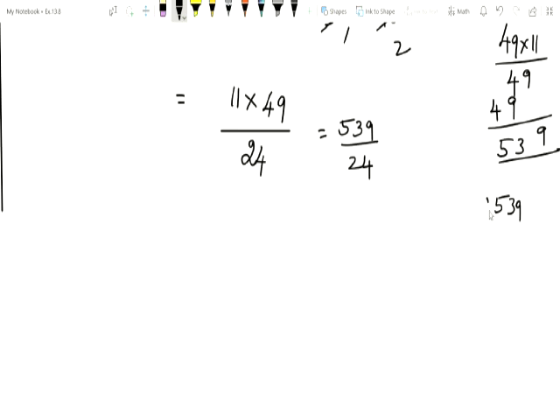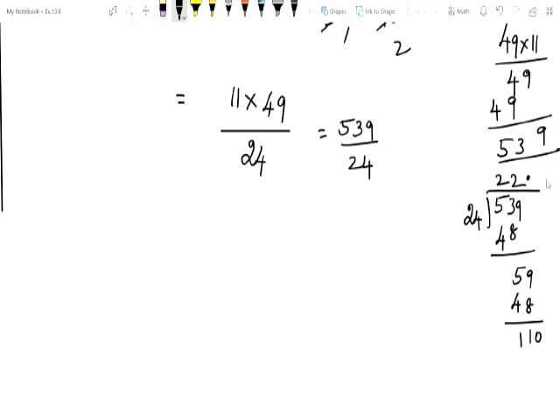539 divided by 24. In 53, how many times does it occur? 2 times. So 2 4s are 8. Now 13 minus 8 you get 5, 59. How many times does it occur? 2 times, 48. So 9 minus 8, 1, 5 minus 4, 1. After that we can't divide, so keep the decimal and add 0.